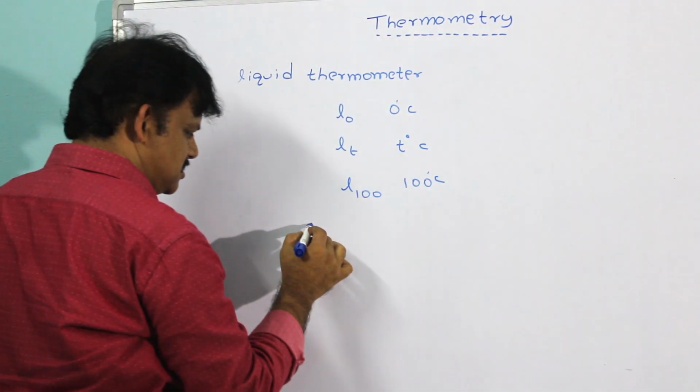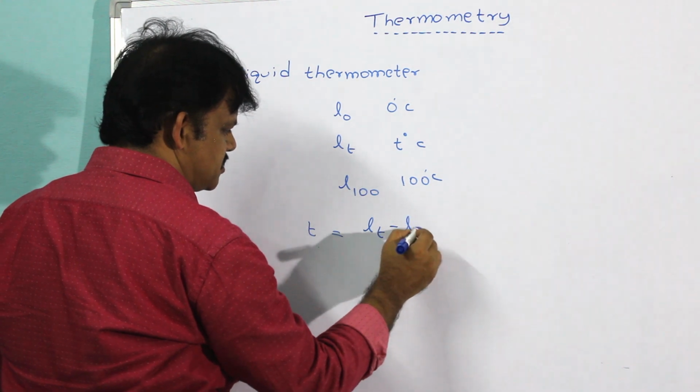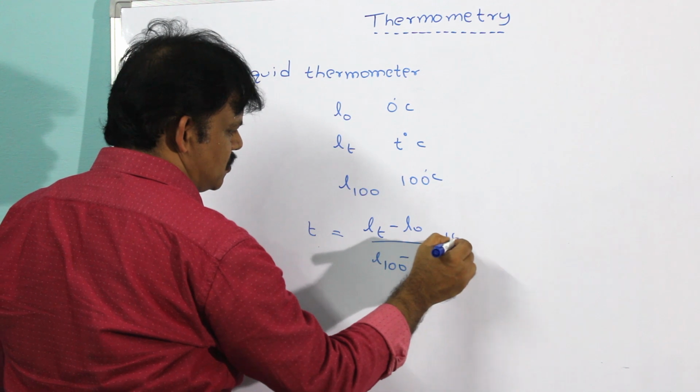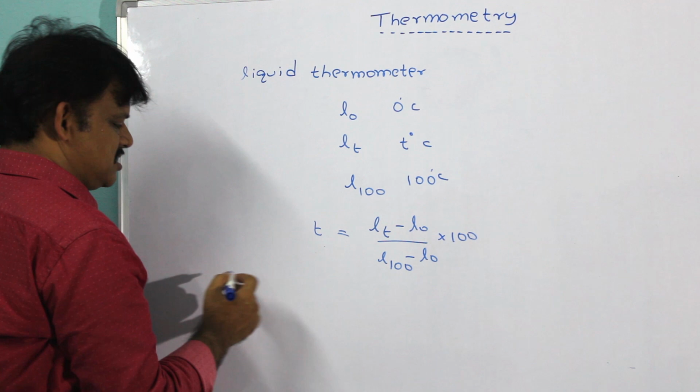Then the temperature expression is T is equal to LT minus L naught by L100 minus L naught into 100.